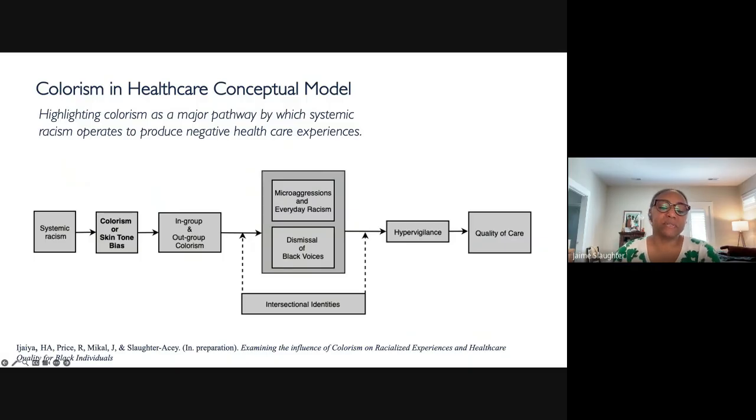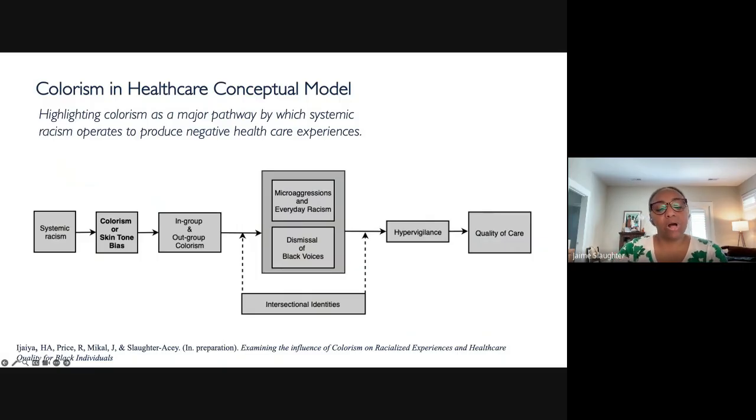So this is an example of where I started off in researching this topic. I started off looking at quantitative data to just establish that there is this relationship between skin tone and it being a proxy for colorism and it shaping people's access to prenatal care or healthcare, right?